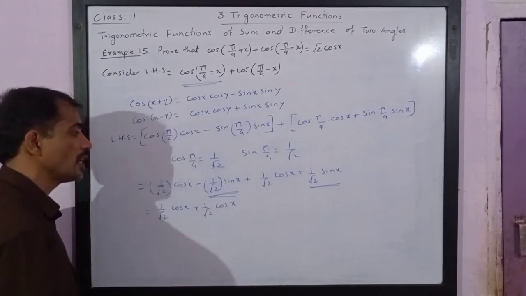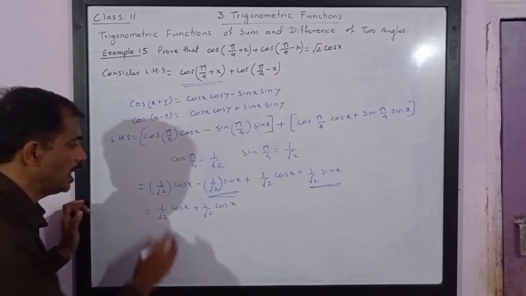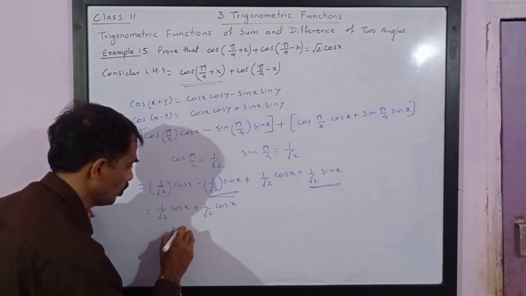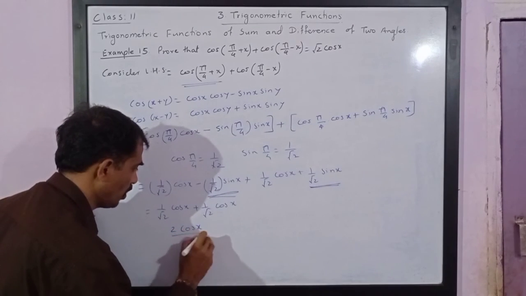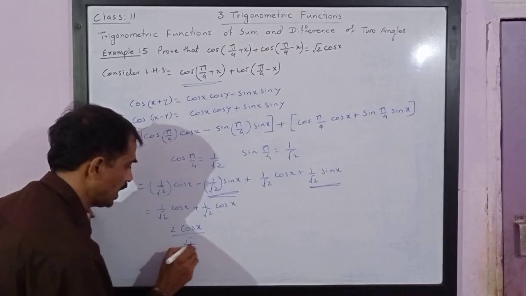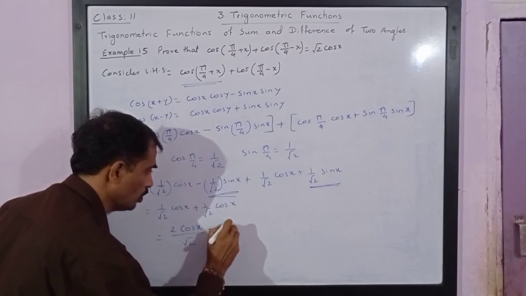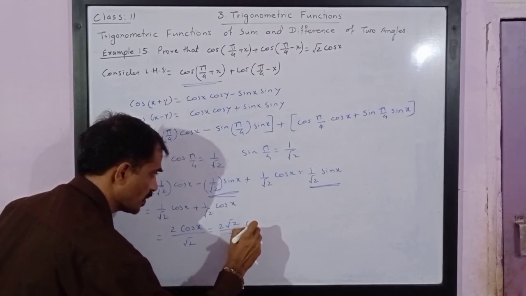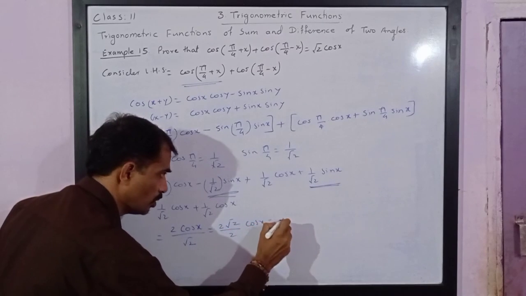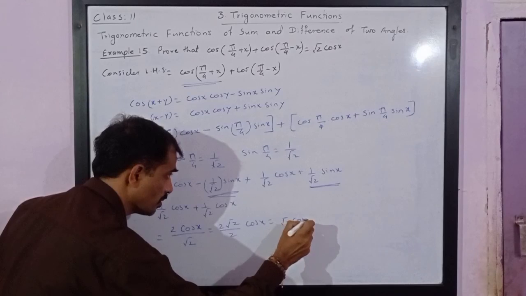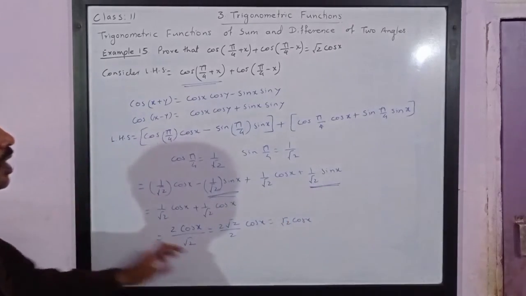Now denominators are same, so numerators will get added. You will get 1 plus 1, 2 cos x upon root 2. Now again rationalize the denominator. You will get 2 root 2 upon 2 cos x, that is equal to root 2 cos x. This is also equal to RHS.